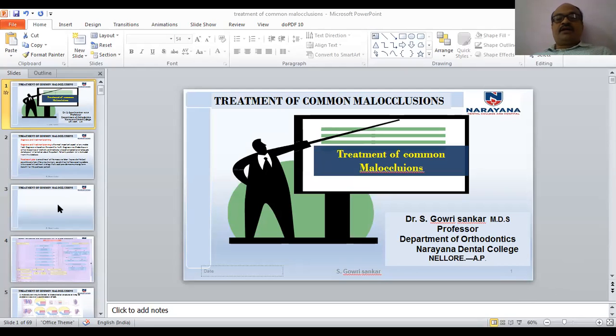We have seen different etiological agents, how to diagnose these malocclusions, and what the different features of these malocclusions are. All these things we have discussed in our earlier classes. Now we are going to discuss the treatment of these conditions.